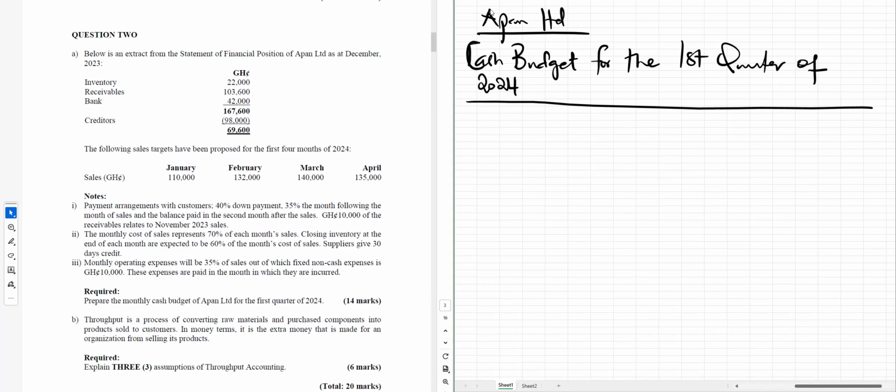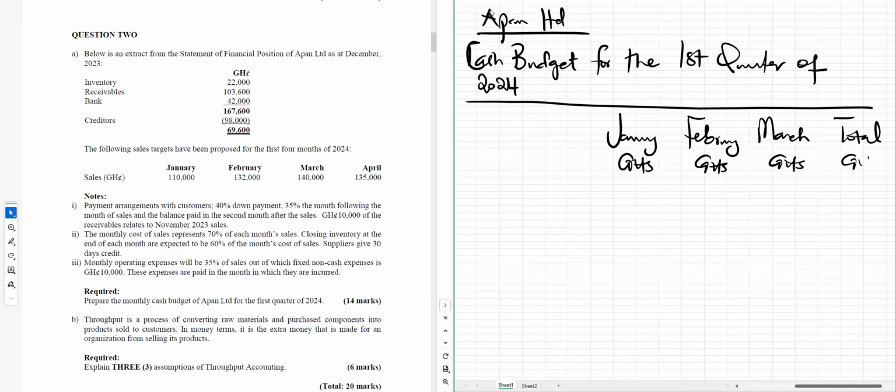In that case, first quarter means we start from January, February, March, then our total. Do you all agree? So in that case, what I would do is that I will start with what?